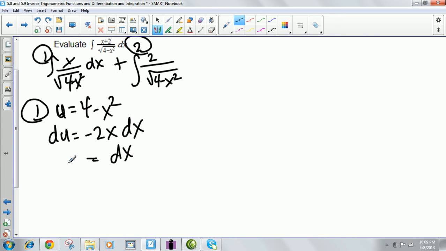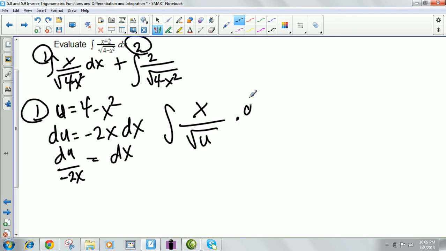Not going to work. So you're going to have to split this up, and since you're adding the top, you can make it your first numerator over your common denominator plus the integral of your second numerator over your common denominator.